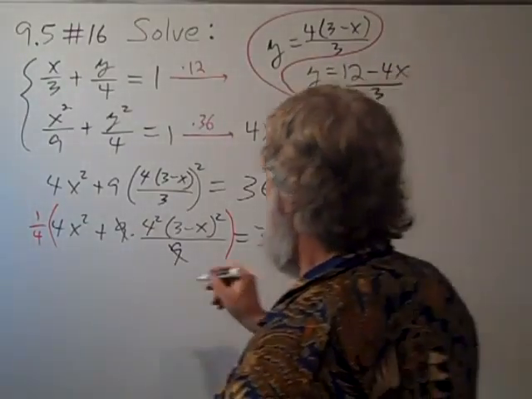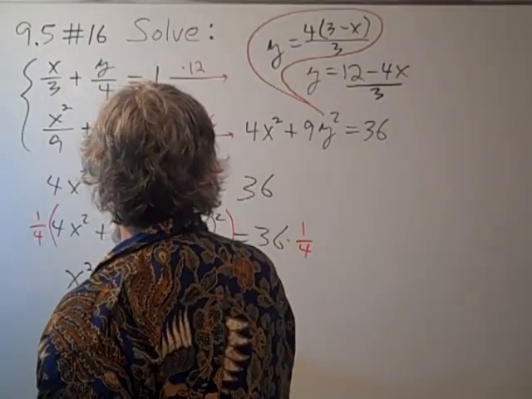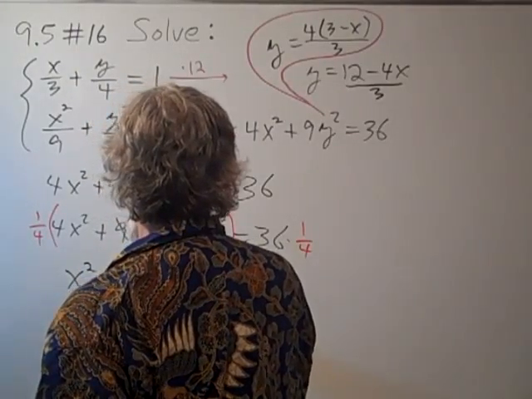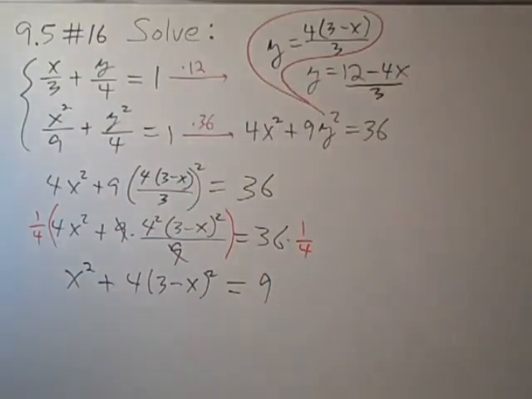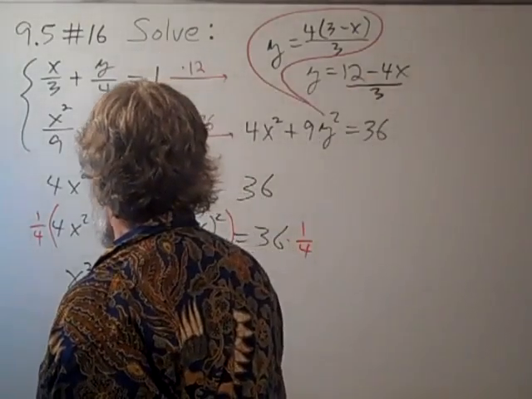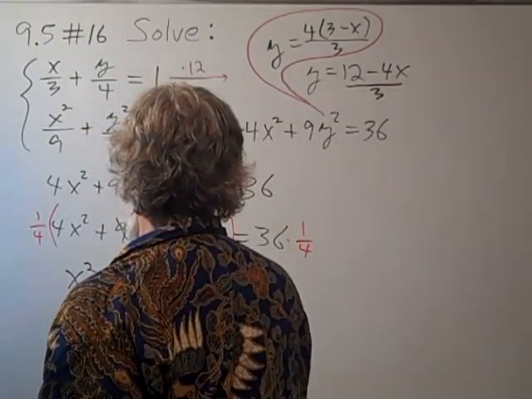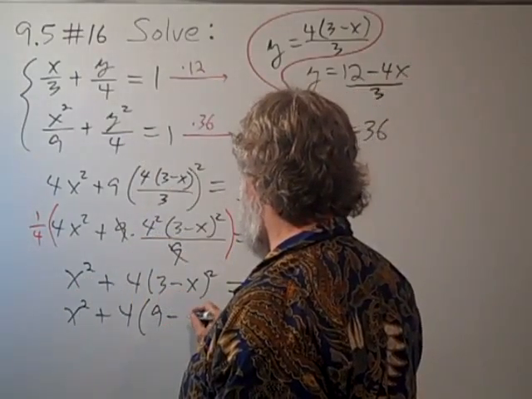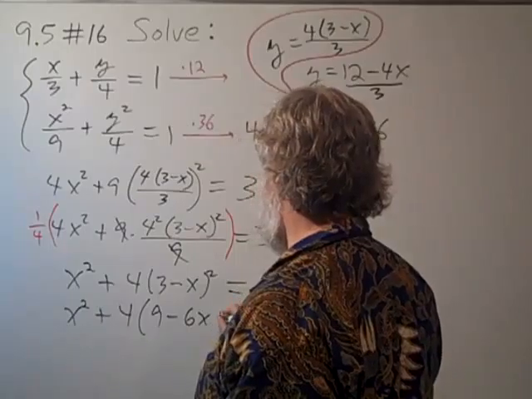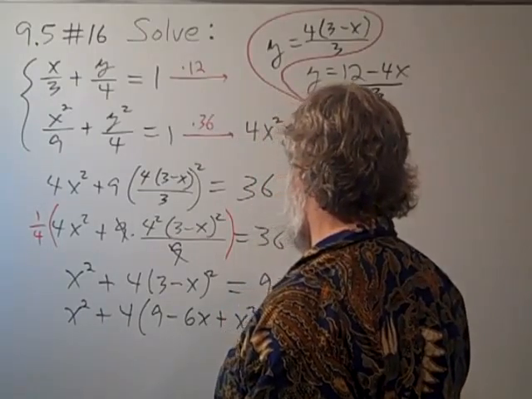What this results in is we get x squared plus 4 times (3 minus x), the quantity squared, equals 9. So this is x squared plus 4 times (9 minus 3 times x doubled, which is 6x, plus x squared).